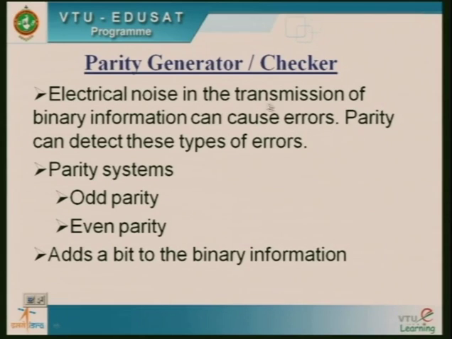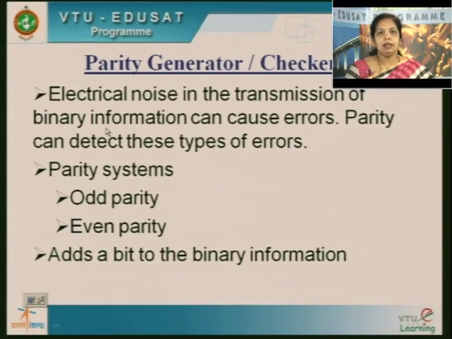This electrical noise in the transmission of binary information can cause errors. So, whenever I send binary information, definitely because of the noise, there will be an error. Your original bits may be transformed or changed.